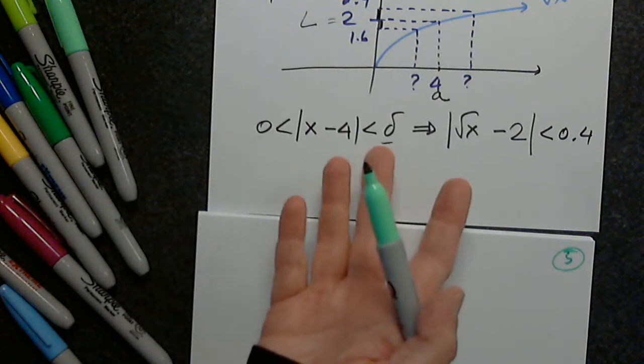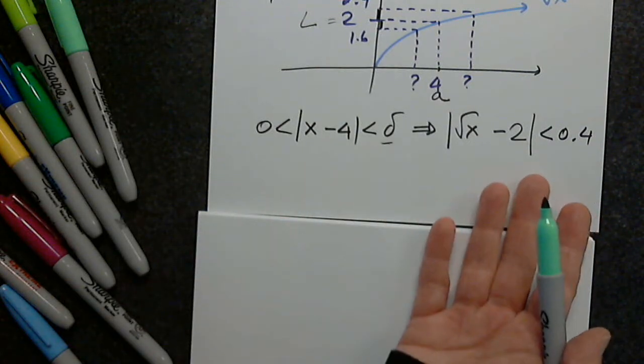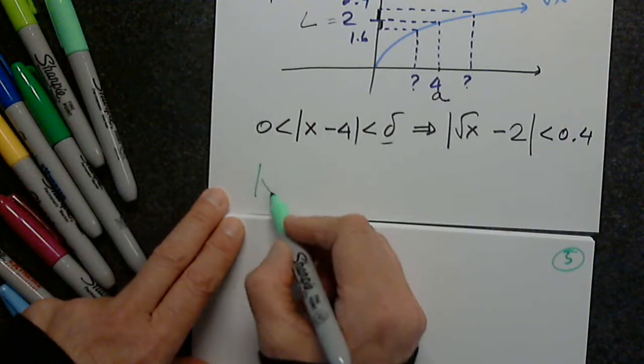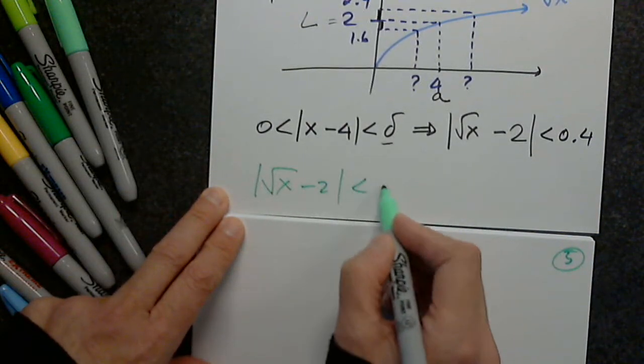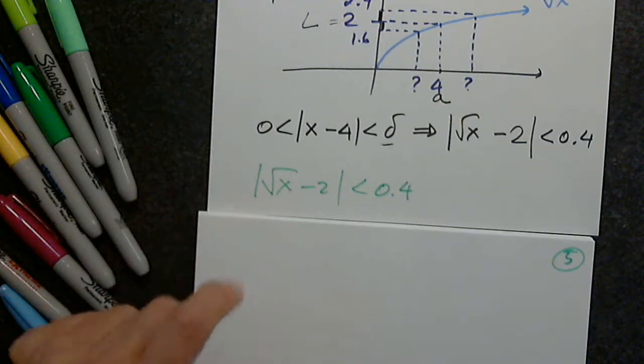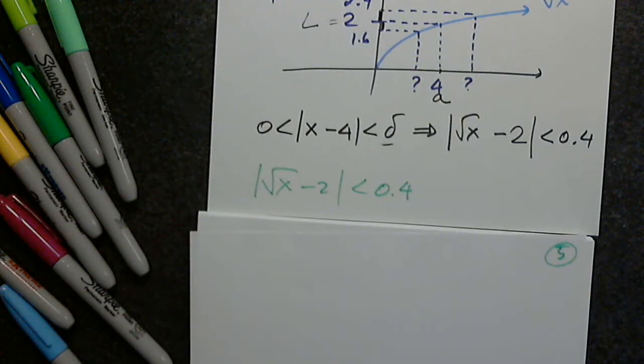I cannot start here because I don't have delta. So I must start where? Very good. So I have the absolute value of square root of x minus 2 less than 0.4. This is an absolute value inequality. I need to solve this inequality to get delta. So can anyone tell us how to solve this inequality?